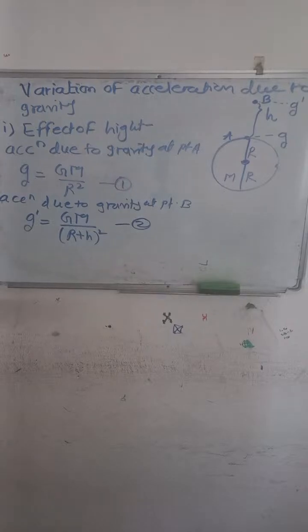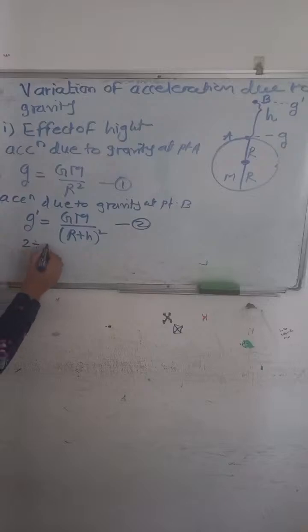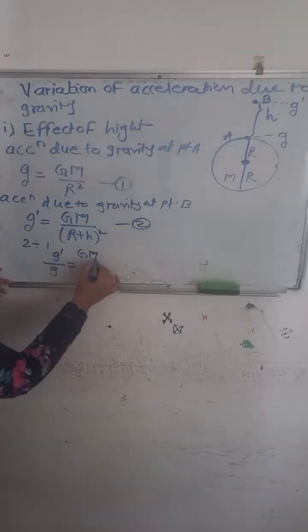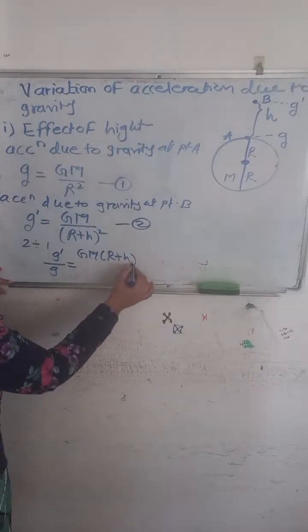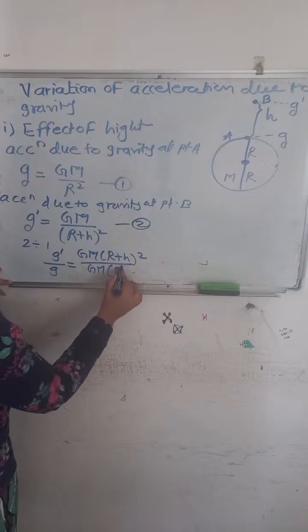So what you can do is divide equation 2 by 1. Then g dash by g is equal to GM upon (R plus h) whole square, and here GM upon R square.